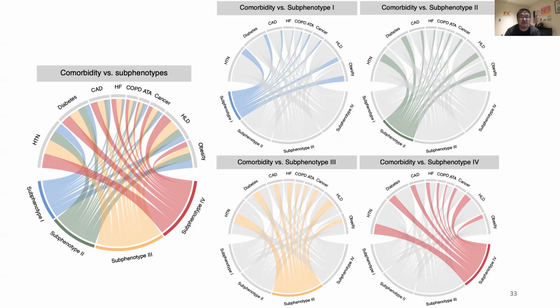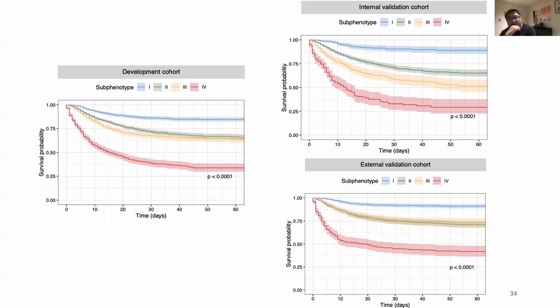Subphenotype 2 and 3 are kind of similar, but subphenotype 3 has more comorbidity burden compared to subphenotype 2, while subphenotype 2 has more severe inflammation marker values, abnormal values.